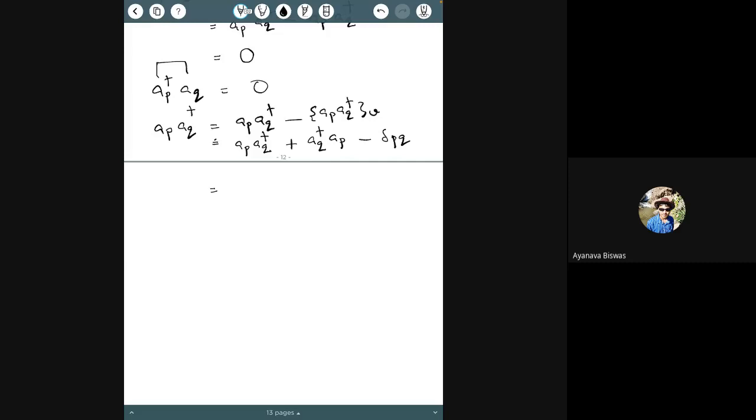So when you basically remove the normal ordering bracket, you just need to change the sign. So what it should be, well, what I can write from memory is this. Okay, so this is correct, and this is equal to delta PQ from the anti-commutation relations.